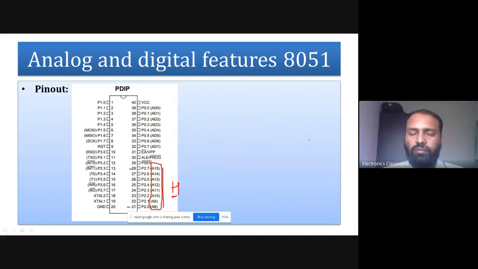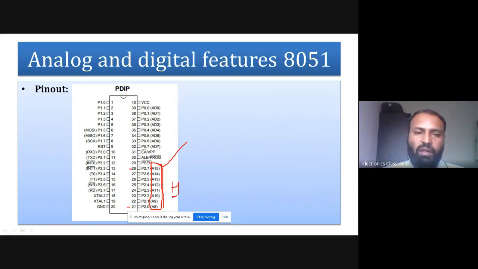If you remember how the address bus is in the 8051, you will recall that there is a 16 bit address bus. Out of those 16 bits, the higher 8 bits are made available in port 2.